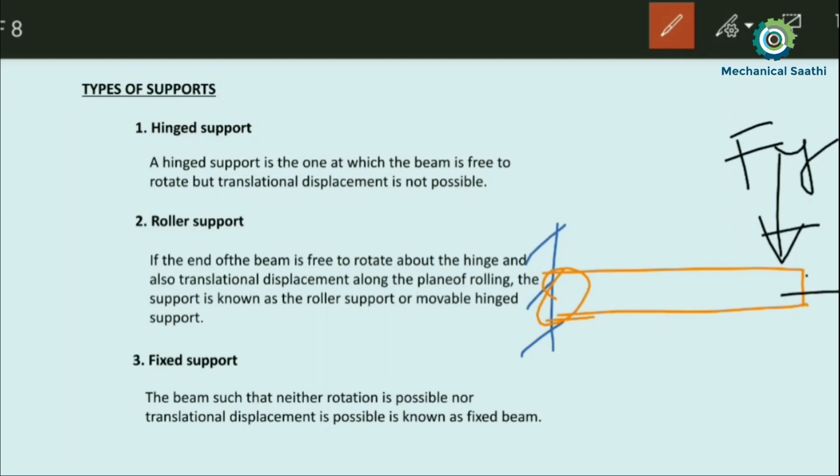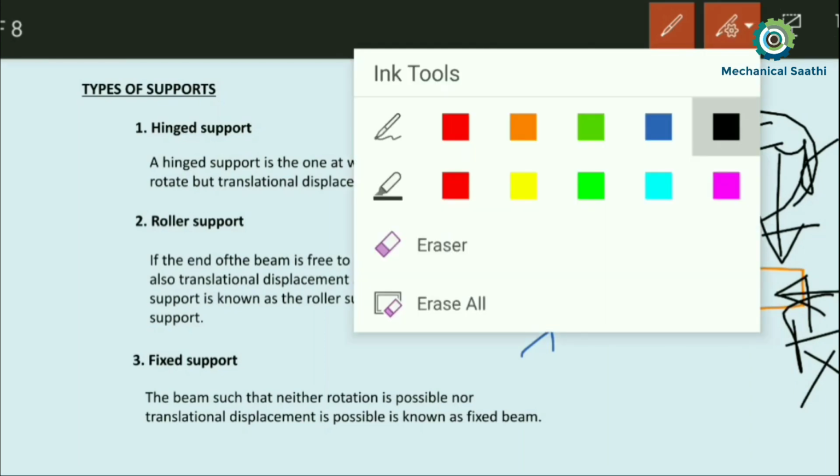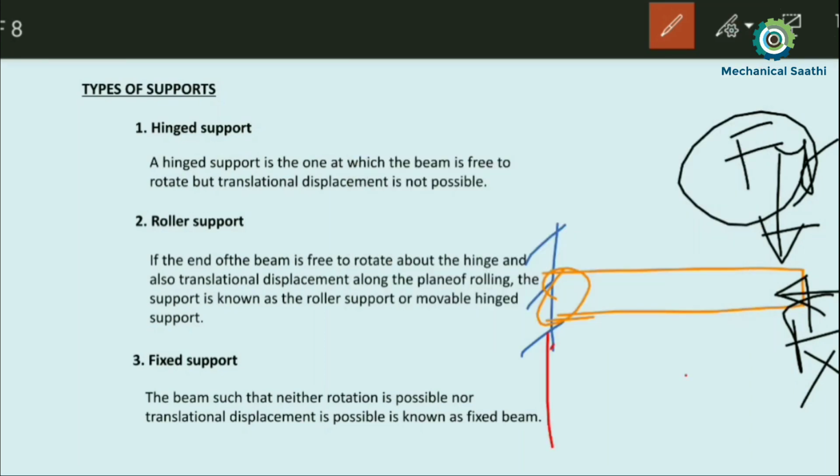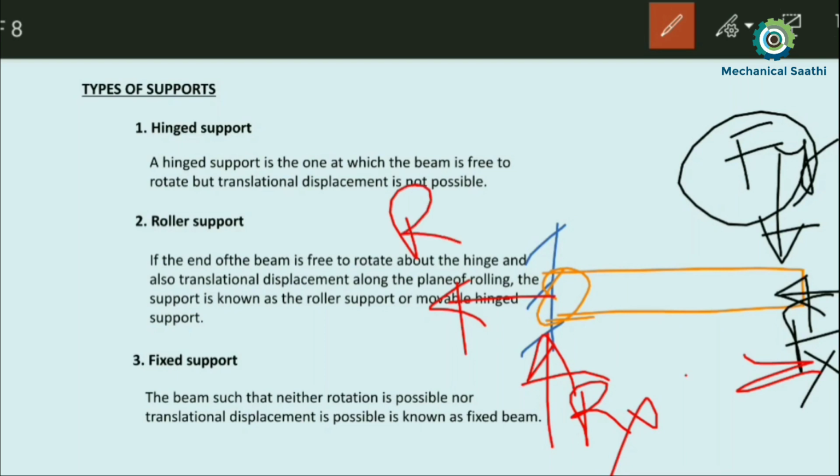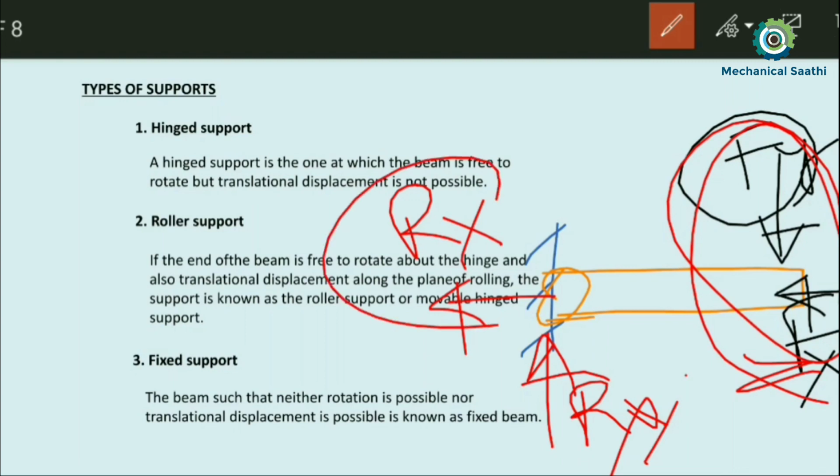Let this be Rx, and again due to this force we will have another reaction, sorry, this is your Ry, and this will be your Rx. So due to both these forces, we get the reactions.